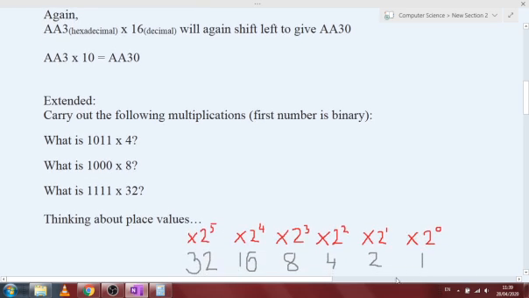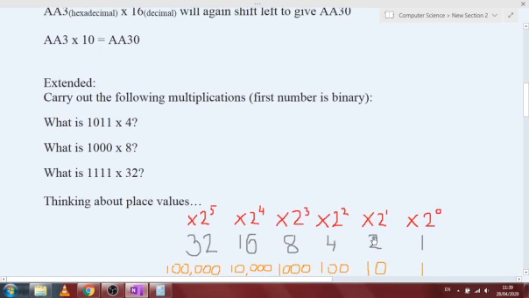These will correspond to these figures here. So 4 would be the second place. So that would be similar to 10. 8 is the third place. So that will be similar to 1,000. And 32 is the fifth place. So that will be similar to 100,000. So if you multiply by 32 in binary, that's just like multiplying by 100,000 in decimal.